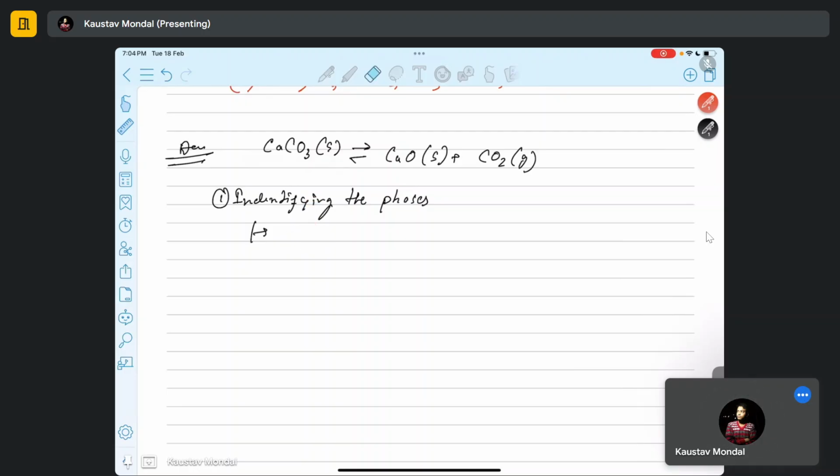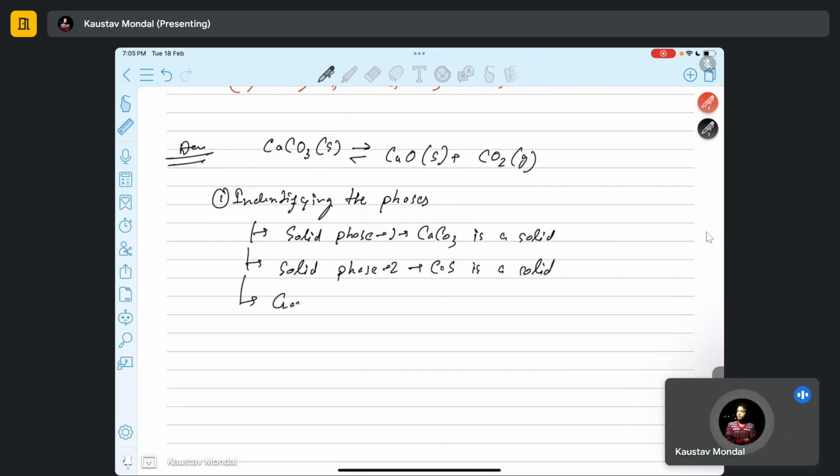So phase 1 is CaCO3, which is a solid. Next, CaO is also a solid, so solid phase 2 is CaO. Next is the gas phase.